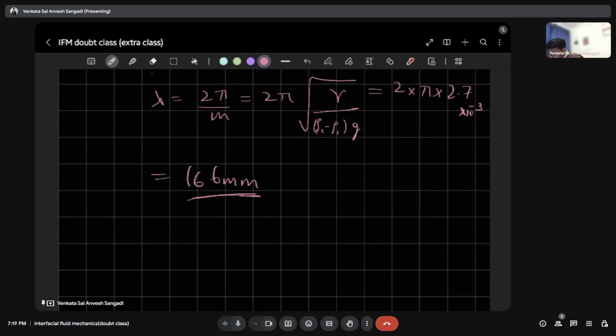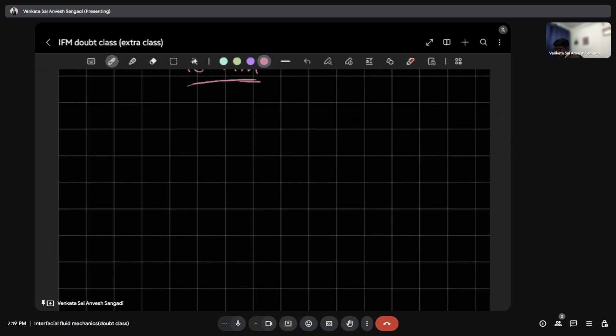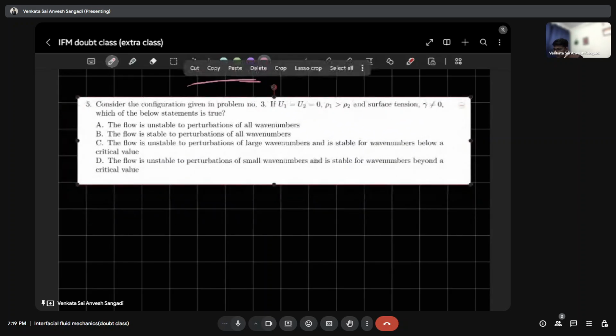So you have the next question. The next question is, consider the configuration given in problem number 3.